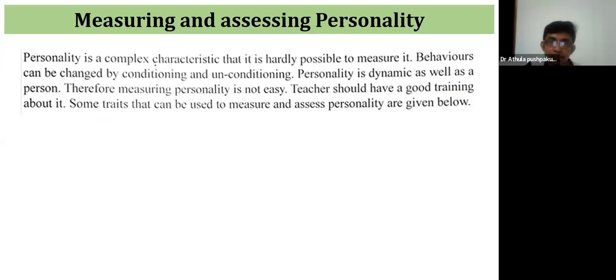Yes, it is very complex because it is hardly possible to measure. Behaviors can be changed according to the conditions also. Sometimes we measure their personality and it is not good up to some level, but the conditions or the situations may be different. Right? Please think about it.